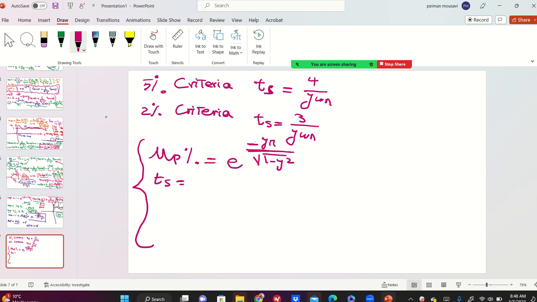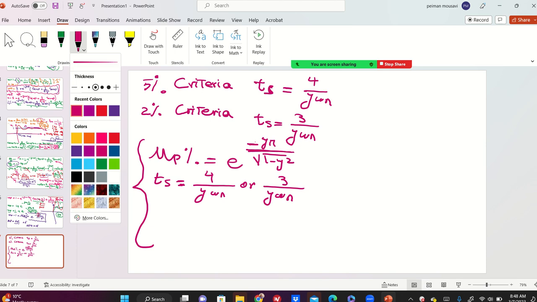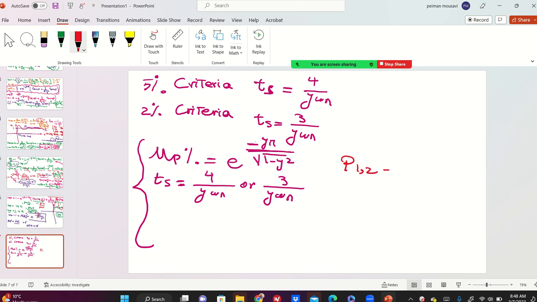TS settling time was 4 over zeta omega n, or 3 over zeta omega n. But now you can understand why I got the poles of the system in zeta and omega n format.